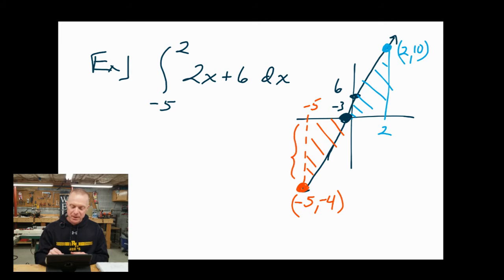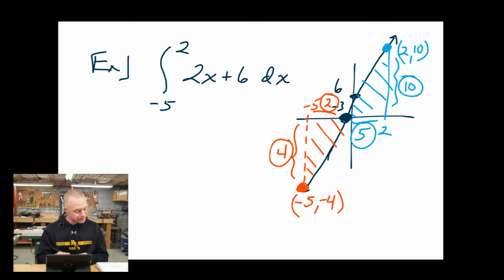This one has a dimension of 4, or -4 if you want to call it that, and a base of 2. And again, I know I didn't draw it to scale very well, but the x-intercept helps us see that this dimension is 5, and this dimension is 10, based on that y value.